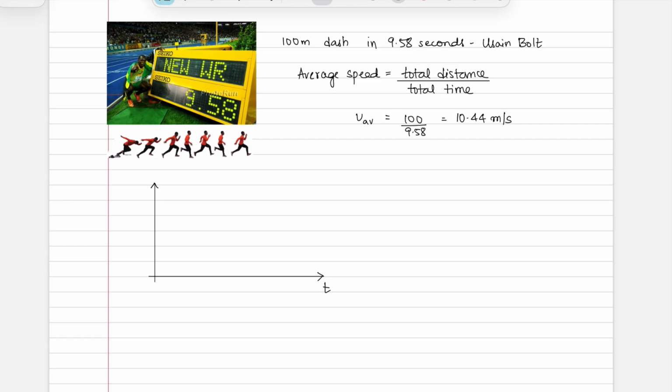So there's a time, in this case 9.58 seconds, and a distance. Distance, or displacement, is usually given by the symbol s. The distance was 100 meters.